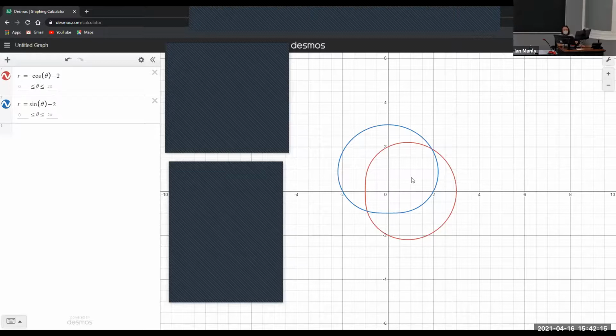Say when we get to pi over 4, which would be right here, rather than going out this way, we're instead going this way because we always have a negative r. So the way we're tracing out the circle is we start at theta equals 0. They intersect at theta equals pi over 4. Here we're at theta equals pi over 2, 3 pi over 4, pi. And then we have 5 pi over 4, 3 pi over 2, 7 pi over 4, and 2 pi.